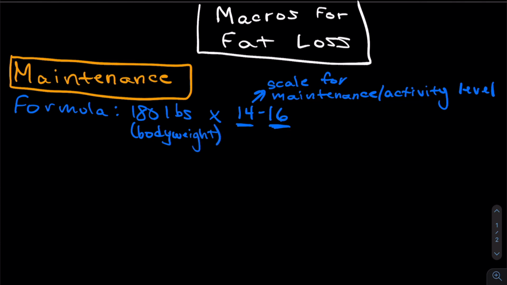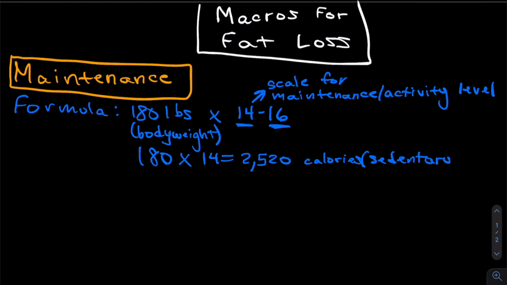Alright, so we're going to start off by applying the math. Someone that is 180 pounds times 14 would equal 2,520 calories, for someone that is generally sedentary or that doesn't do too much on the average day.